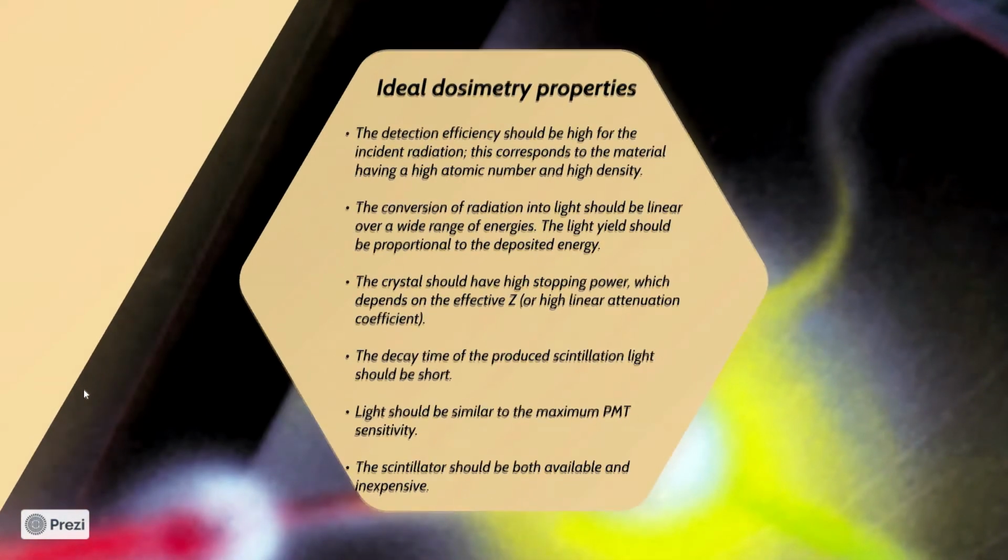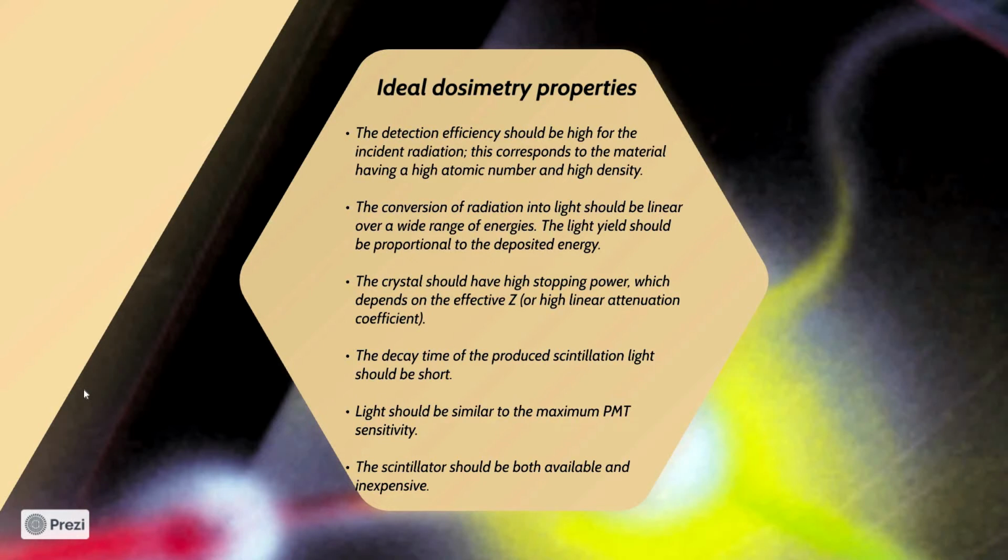Okay. Overall, the ideal dosimetric properties for scintillation dosimetry are: first, the detector efficiency should be high for the incident radiation. Second, the conversion of radiation into light, or the light yield, should be proportional to the energy deposited.